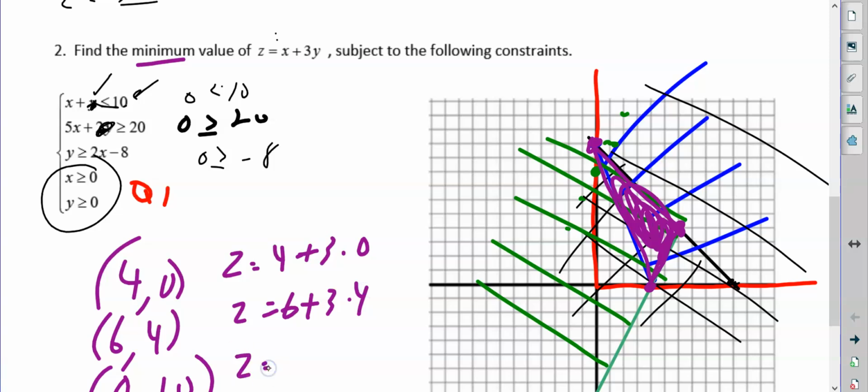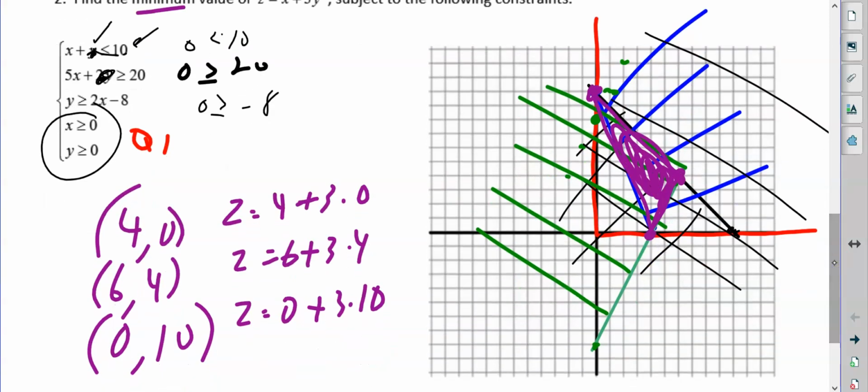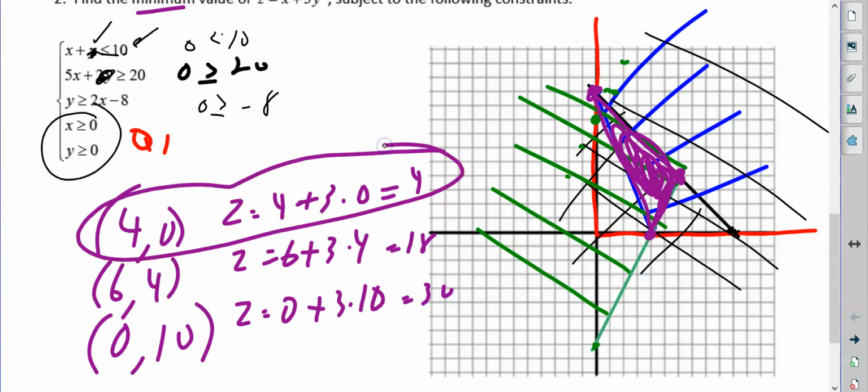And z equals 0 plus 3 times 10. So 4 plus 3 times 0 is 4 plus 0, that's 4. 6 plus 12 is 18. And this is 30. So the minimum value is 4 from the point 4, 0.